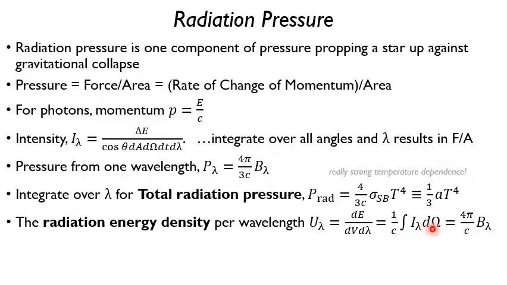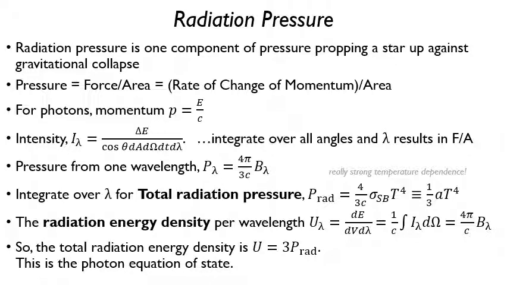You integrate over 4 pi and you get this factor of 4 pi over c, right? And because the Blackbody spectrum doesn't depend on angle, it just pops out of the integral. So your radiation energy density per wavelength is 4 pi over c times the Blackbody spectrum at one wavelength, and of course at a fixed temperature.